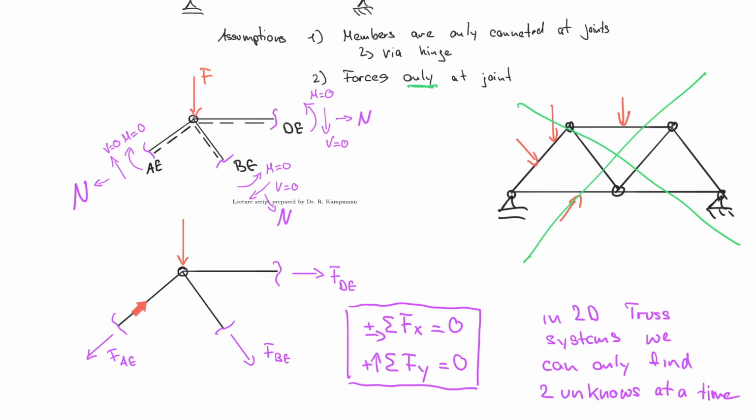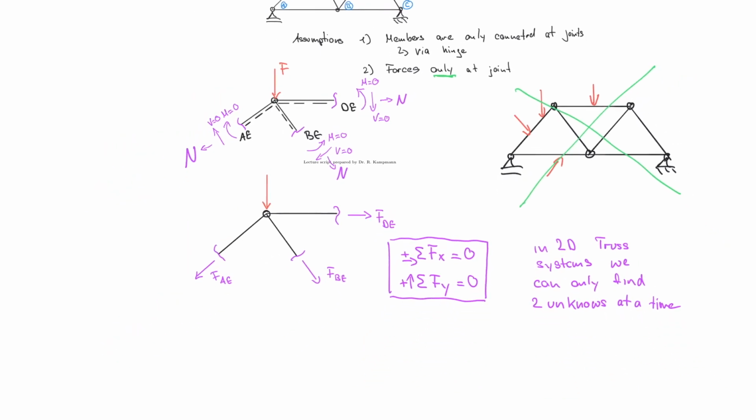If you remember this, we did this when we calculated cable structures, and the only difference between cable structures and truss systems is that trusses can actually be in compression. So keep that in mind.